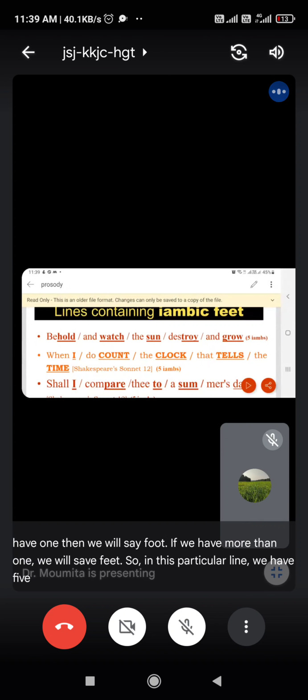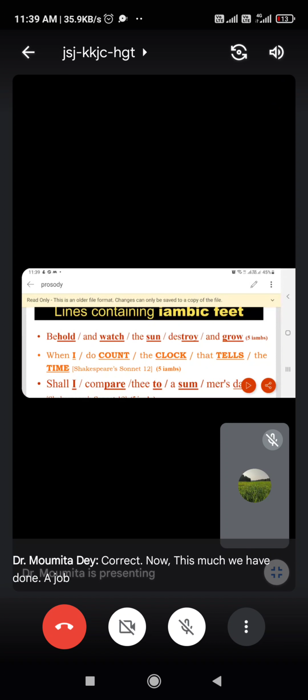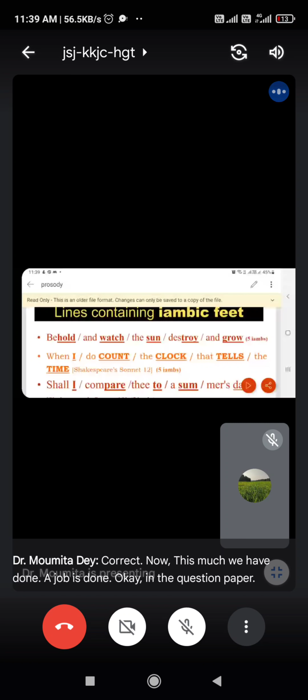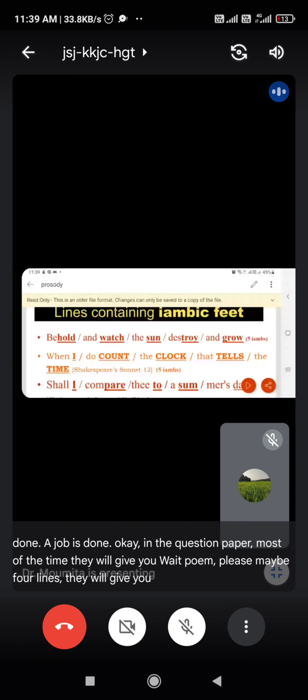Now, this much we have done. Job is done. Okay, in the question paper, most of the times they will give a poem piece, maybe 4 lines, maximum 4 lines.